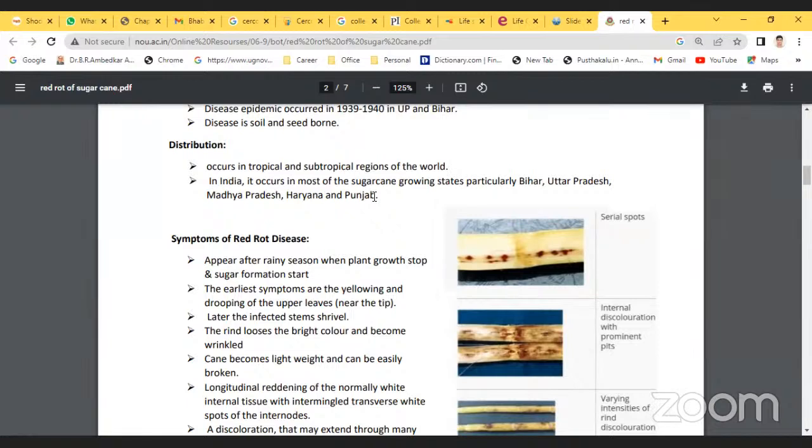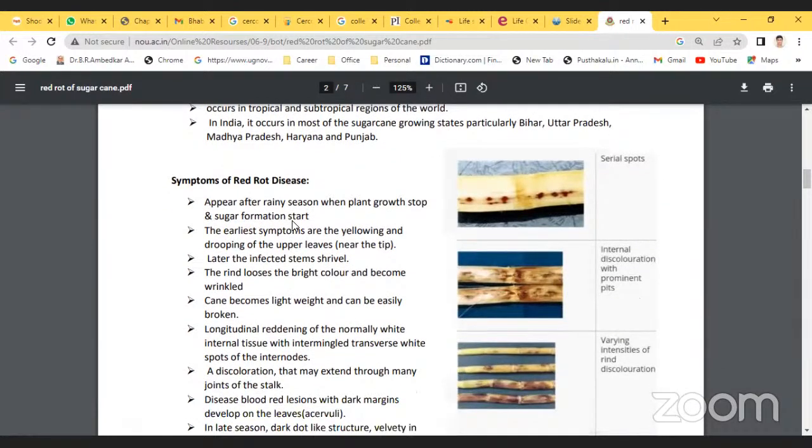Most of the farmers in Medak as well as Nizamabad also cultivate sugarcane. Because this is for general knowledge purposes, I asked this question.